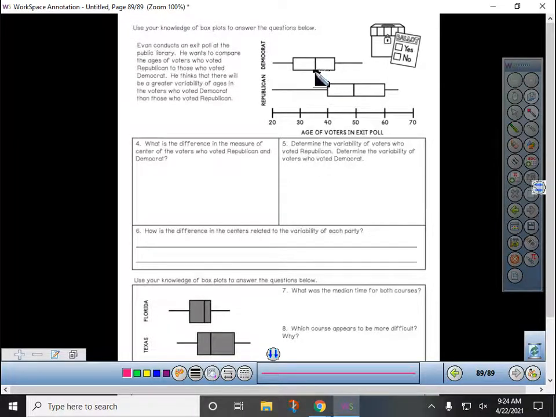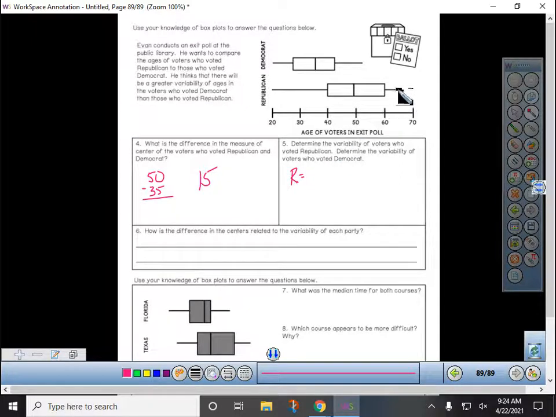50-ish. What is Democrat? 35. So what is the difference? We have to just subtract 50 minus 35. What is that? 15. Good. Number 5, determine the variability of voters who voted Republican. Determine the variability of voters who voted Democrat. That means the range. Oh, okay.